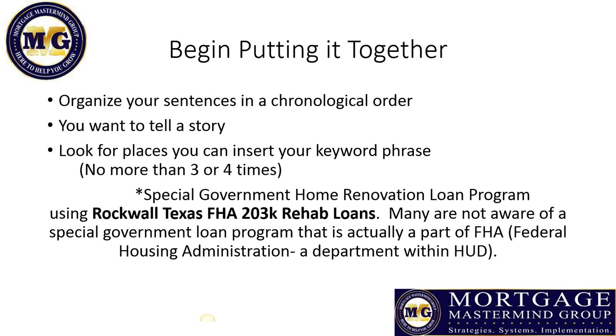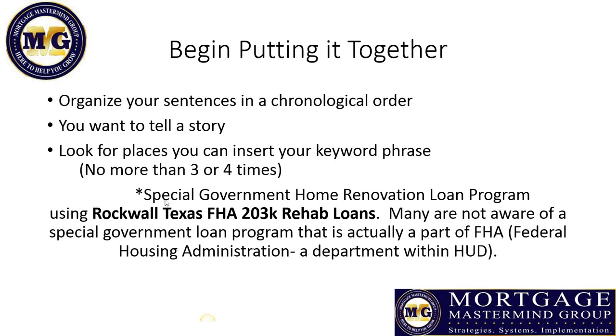So you're just looking for 3 or 4 places to sprinkle it in. And here's a sample of what it looks like being sprinkled in. The sentence was: special government home renovation loan program now available. How many are not aware of a special government loan program that is actually part of FHA federal?